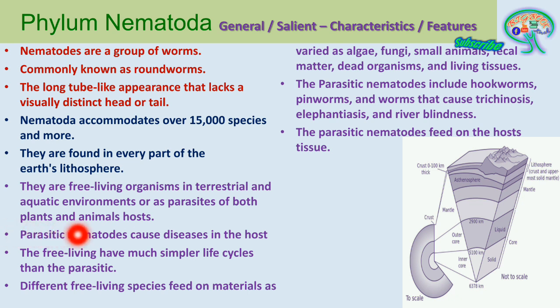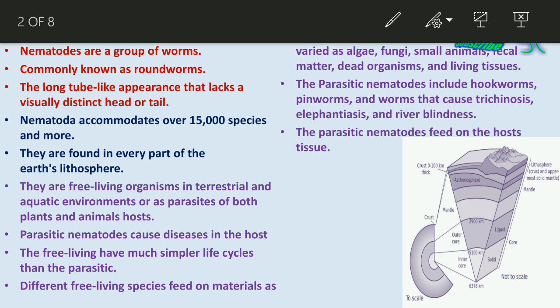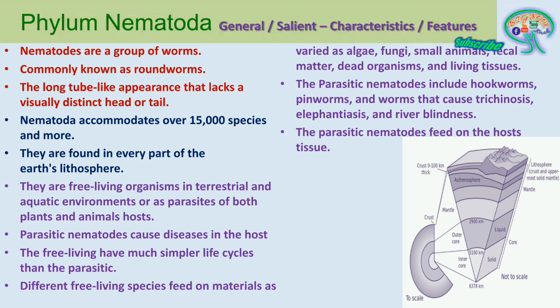The free-living forms have a much simpler life cycle than the parasitic ones. They do not require any other host. They are free to reproduce, develop and grow within the normal free environment, either terrestrial or aquatic, so there is no need for a secondary host in the life cycle.